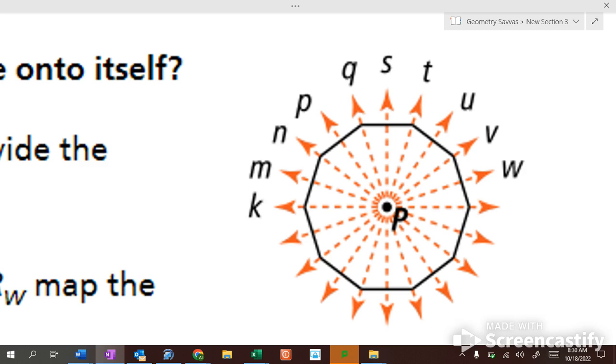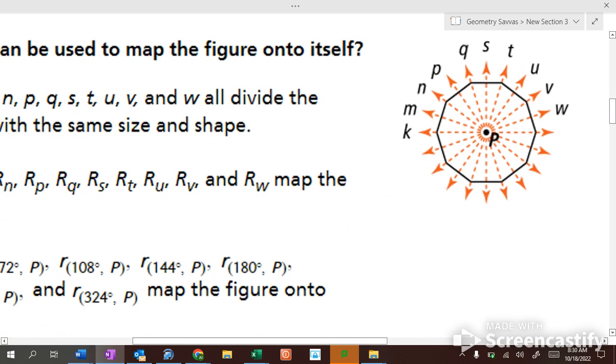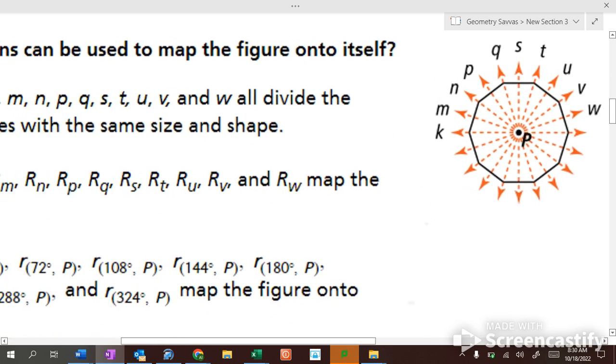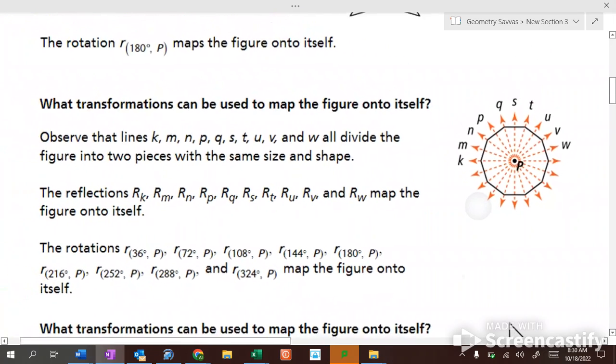Because if we go back here, that's not symmetry because it's back on top of where it started. So it has 9 sets of rotational symmetry and 10 lines of reflectional symmetry. Okay?